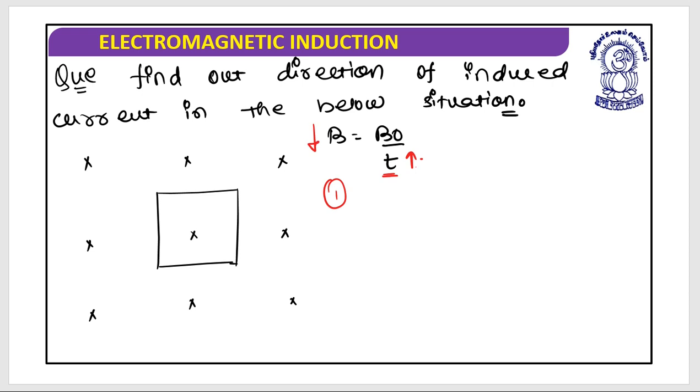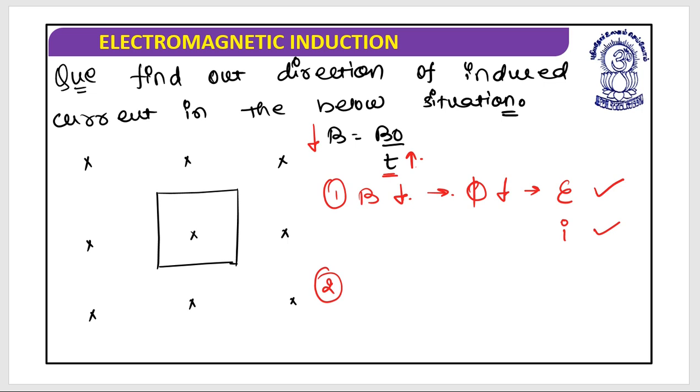If the magnetic field is decreasing, my flux is decreasing. If flux is decreasing, that means EMF will be there. I'm talking about the induced EMF. If induced EMF is there, induced current would be there. So now my task would be to find out the direction of induced current.